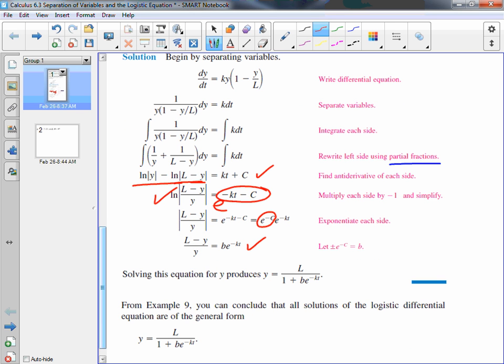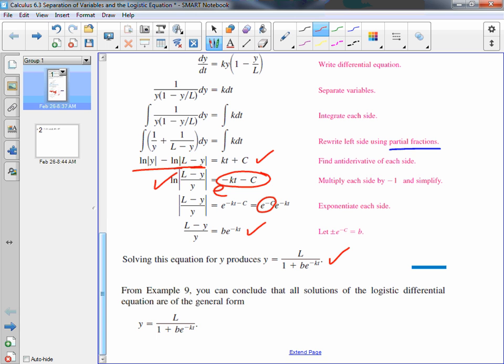And then solve that thing for y. They skipped about, I don't know, half a dozen steps to solve that for y. Okay? And then we end up with that. What's the point of all this? Fine. Can conclude that all solutions of the logistic differential equation are of the general form shown.